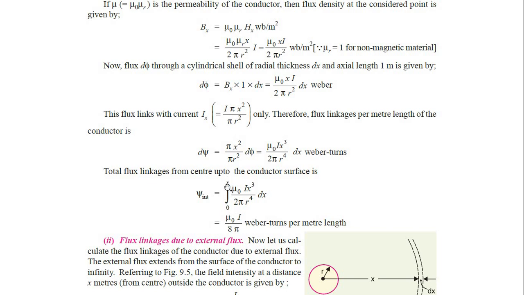The area boundary is given as 0 to r. So internal flux linkage is given by integral going from 0 to r mu naught I x cube upon 2 pi r to the power 4 dx. So d phi into dx.